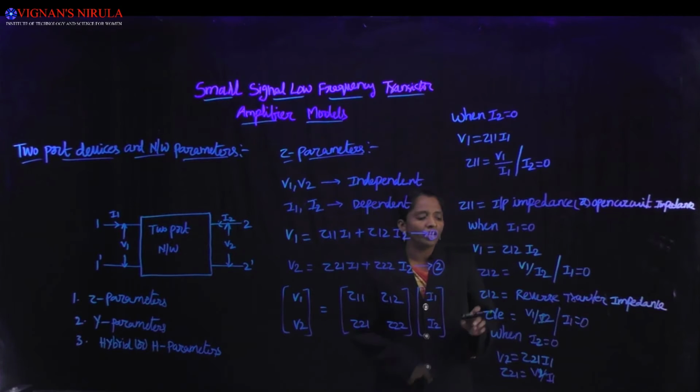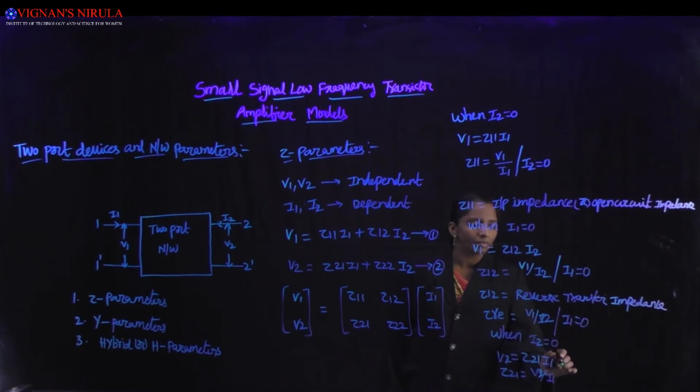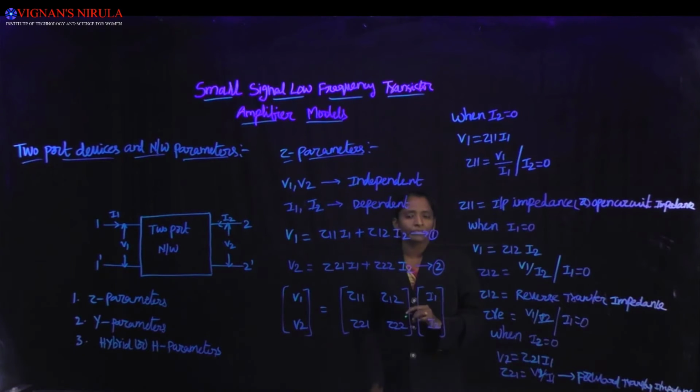Now when I2 equal to 0, from the second equation we are getting V2 equal to Z21 I1. From this equation we have Z21 equal to V2 by I1. V2 by I1 is called forward transfer impedance.